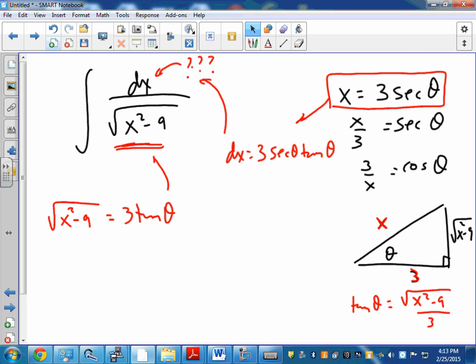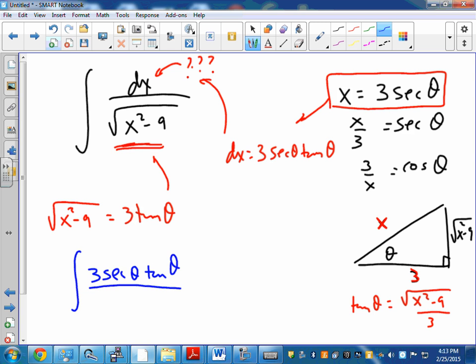Now we'll do both of those substitutions, and then we should have our new integral that we should be able to work. So dx is 3 secant theta tangent theta d theta, and the radical is going to be 3 times the tangent of theta. So the 3's cancel, the tangent theta's cancel. I need a d theta. Sorry, back here, dx is d theta times all of that. Take the derivative of x with respect to theta.